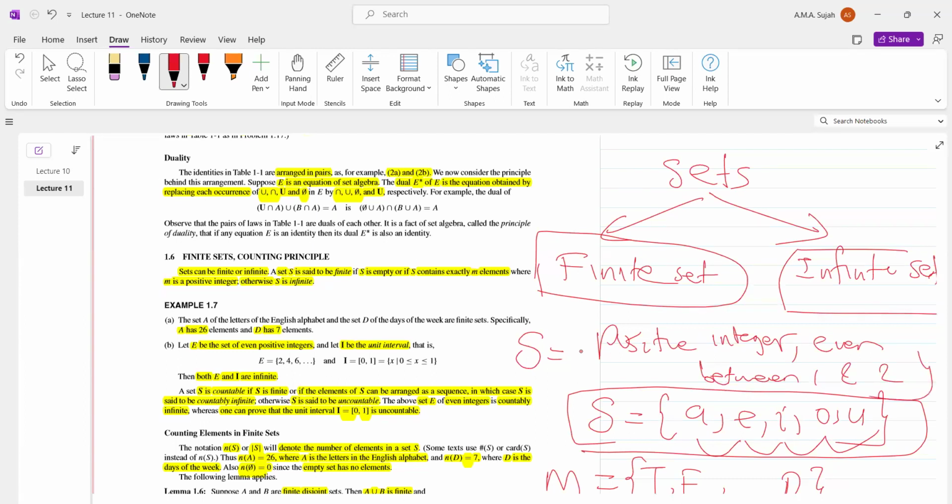Is there any even positive integer between 1 and 2? No, right? So that is an empty set. So an empty set is also considered a finite set.